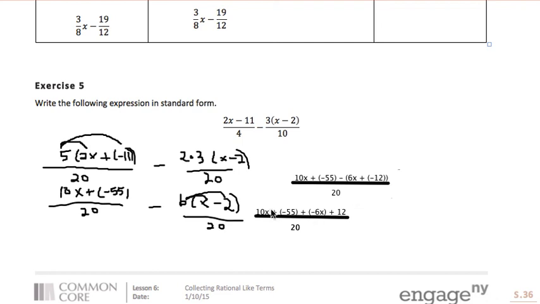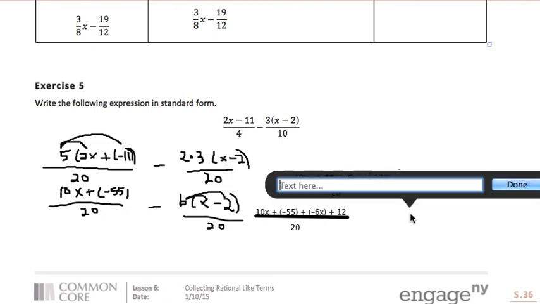We'll combine like terms. 10x plus negative 6x will give us 4x. And negative 55 plus positive 12, opposite signs, will give us negative 43.